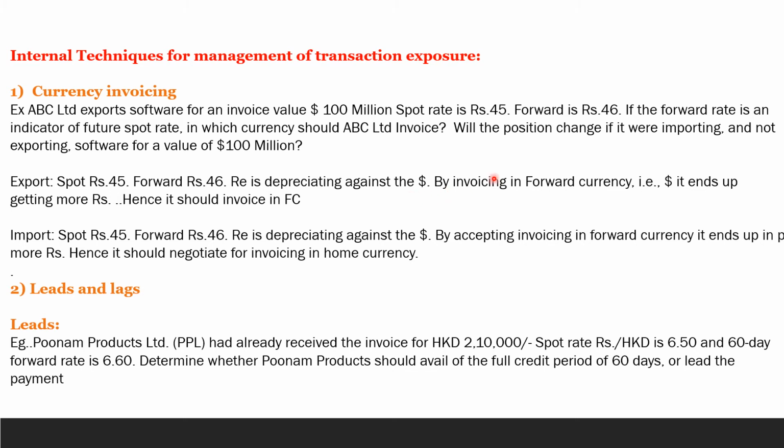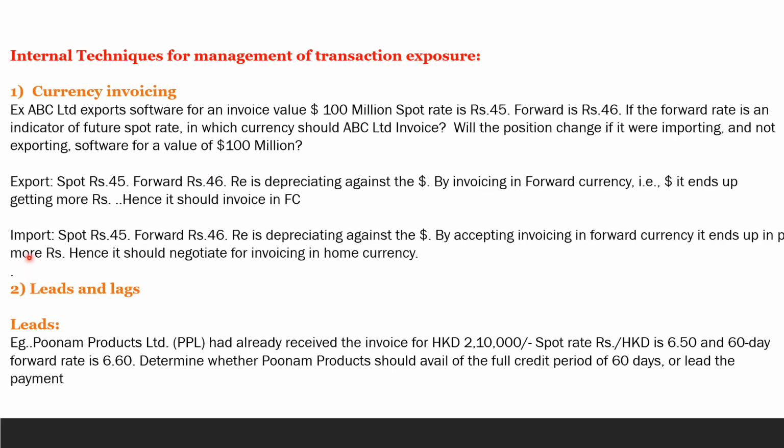So here invoicing in forward rate will be profitable for ABC Limited, so it ends up getting more rupees. Hence it should invoice in forward currency or forward rate. So it is always profitable to invoice at 46 rupees.